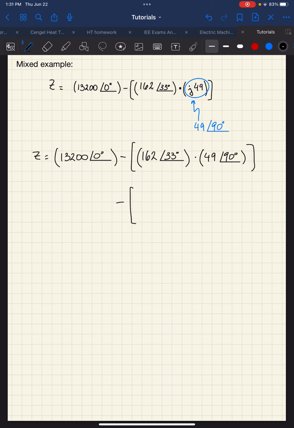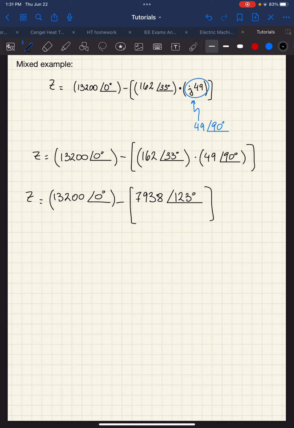If we multiply the magnitudes, we should get something like 7,938. When we add the phase angles, we'll get 123 degrees. This guy we haven't done anything with yet, so let's just leave it here for now.